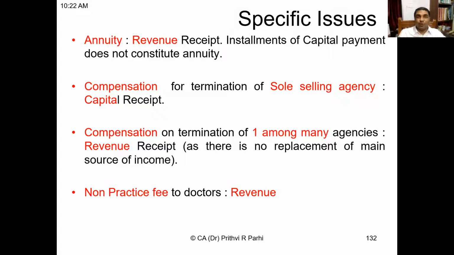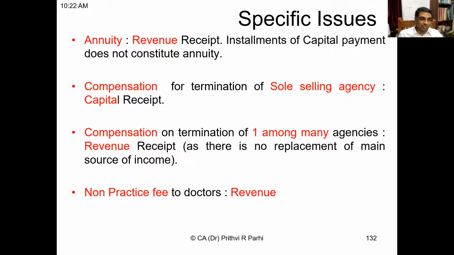First thing is that an annuity is a revenue receipt. We have discussed this also, that a capital asset is converted into an annuity. Annuity means a regular periodic receipt. Whereas installments of a capital asset do not constitute an annuity.